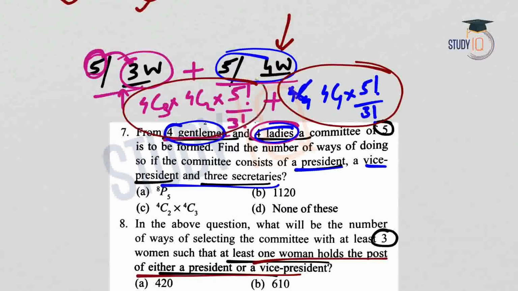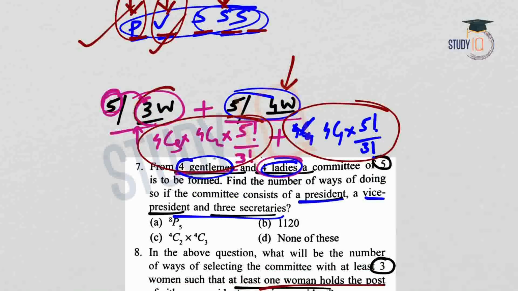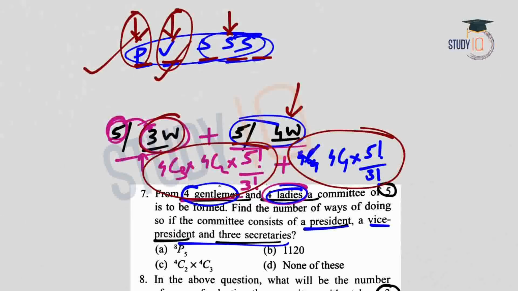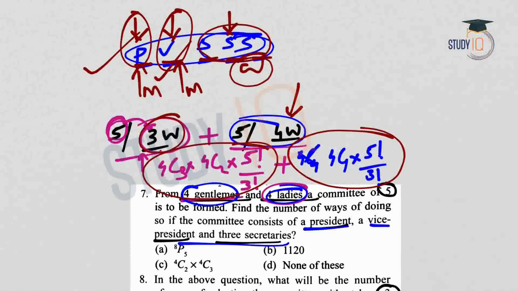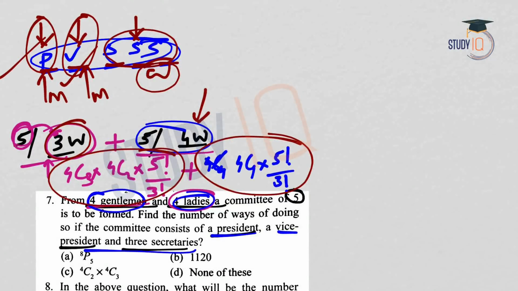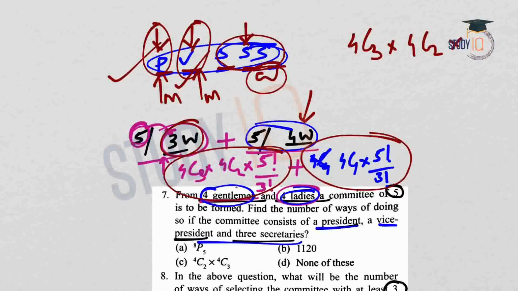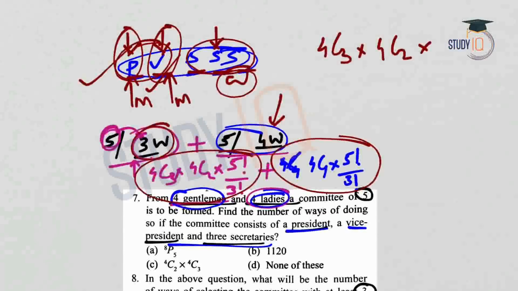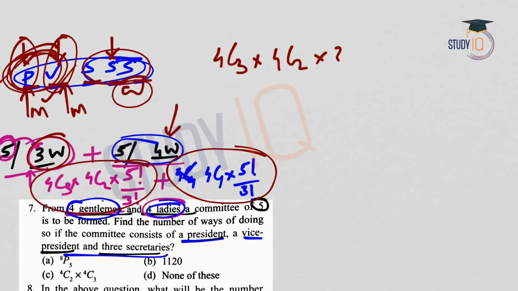But in the first case, there are 3 women and 2 men. In that, a man can come as president, a man can come as vice president, and 3 women may become secretaries. That possibility we need to remove. So how many ways can that happen? 4C3 ways you select females, and 4C2 ways you select males, and the 2 gentlemen will be arranged in these 2 places in 2 factorial ways.